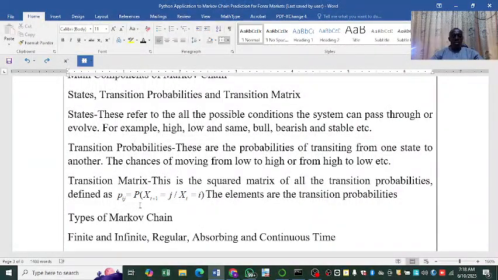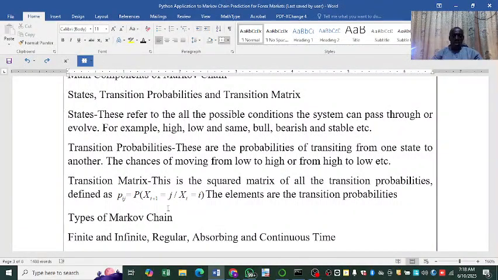That means the probability of moving from state i to state j. Then it means that the transition matrix is a matrix of probability transition elements.